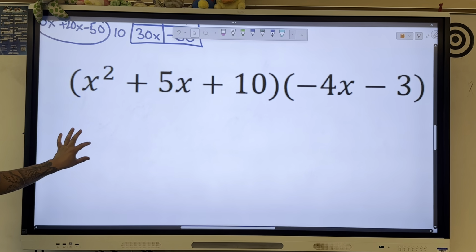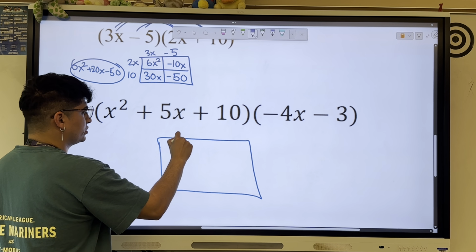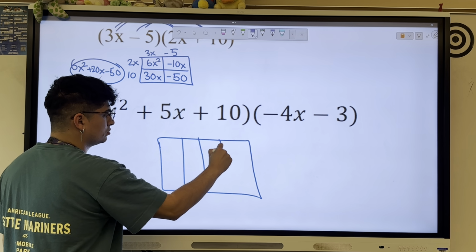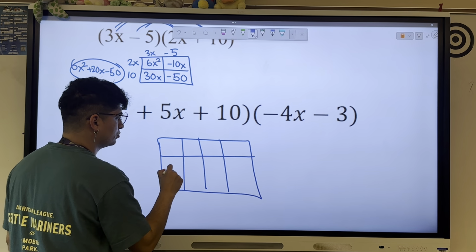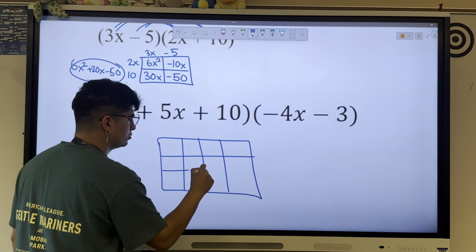I'll do another one that has 3 terms in it. So again, you're going to have to make maybe a bigger box for this one. So let's see, we have x squared, 5x, and positive 10. On this one, we have negative 4x and negative 3.